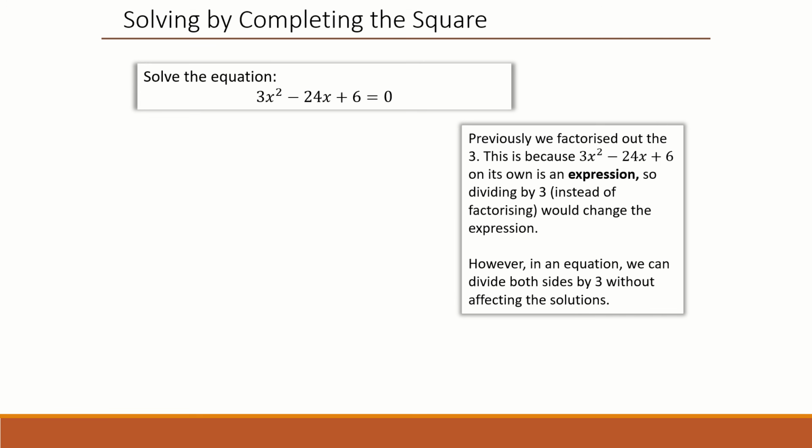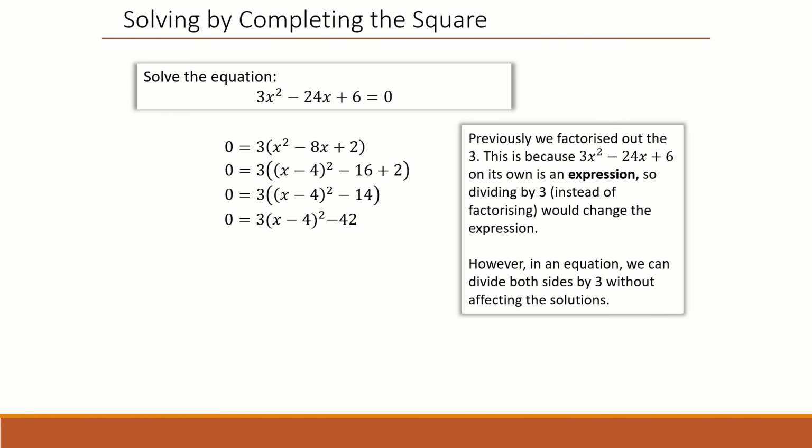Solve this by completing the square. As always, factorize out 3 in this case. Complete the square. You should get (x − 4)² − 14. Expand the bracket. Move 42 to the other side. Divide by 3.